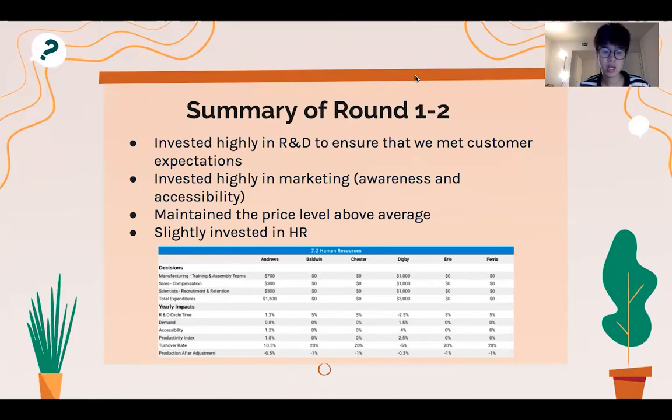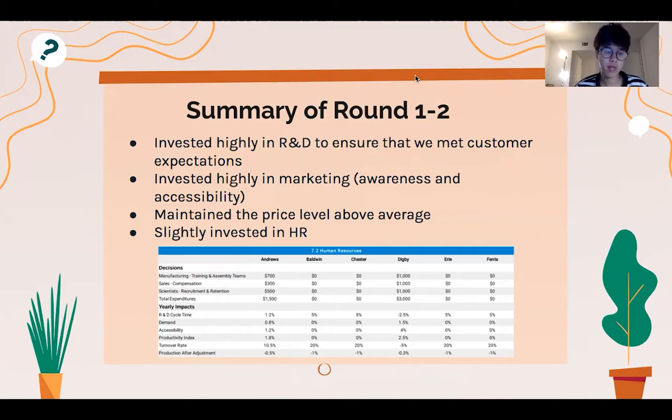So let's have a summary of round 1 and round 2. In round 1 and round 2, we mainly focus on R&D. We first set our goal in the high-tech market, trying to adjust the performance, size, and reliability to ensure that we met customer expectations.